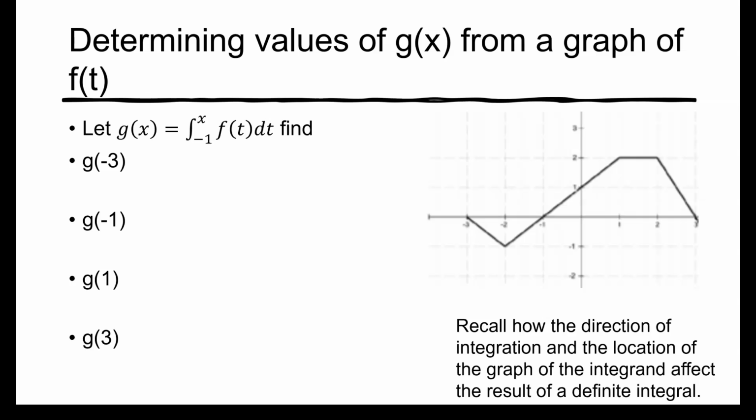So let's look at some examples of determining values of g of x from a graph of f of t. So we have that g of x is equal to the integral from -1 to x of f of t dt. And what we want to do is work backwards in order to find our area.